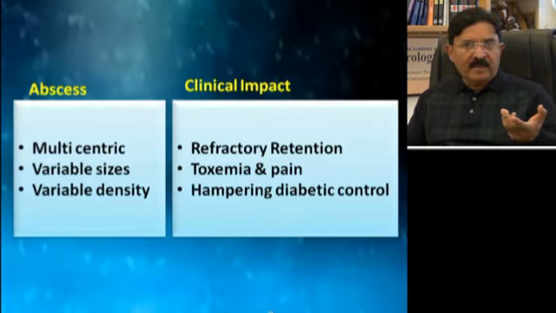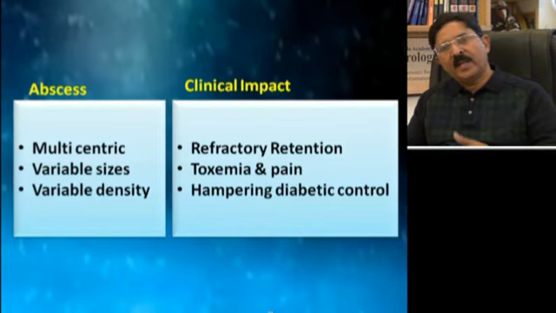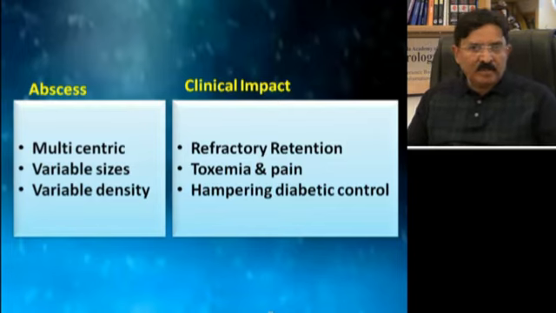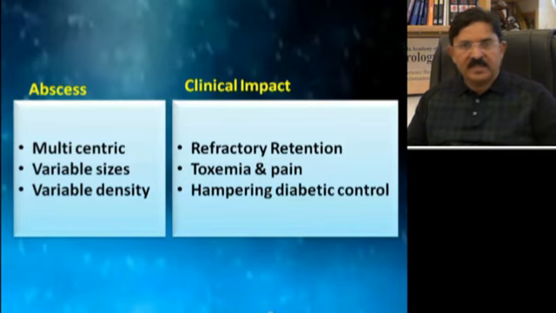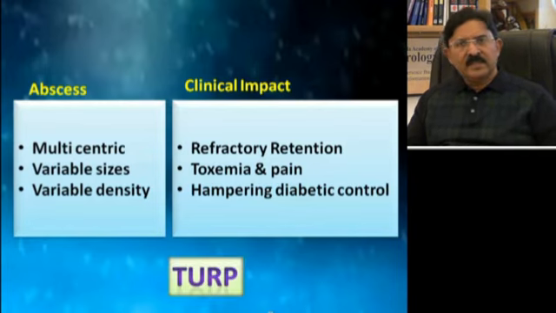Sometimes we notice that controlling diabetes becomes really very challenging. The pus in the prostate does not allow good diabetic control, and if good diabetic control is not achieved, the abscess cannot be medically treated. So you get into a vicious cycle. When that is the case, you will be required to do a transurethral resection of the prostate.